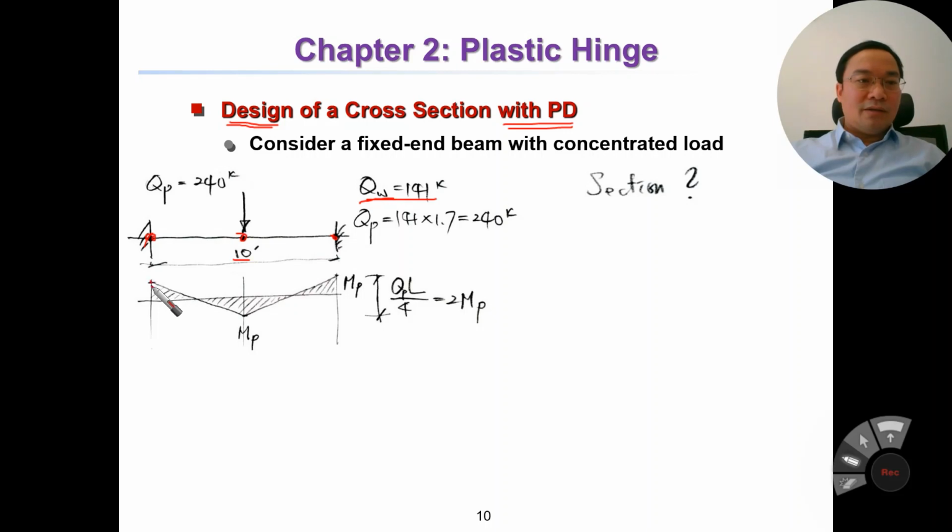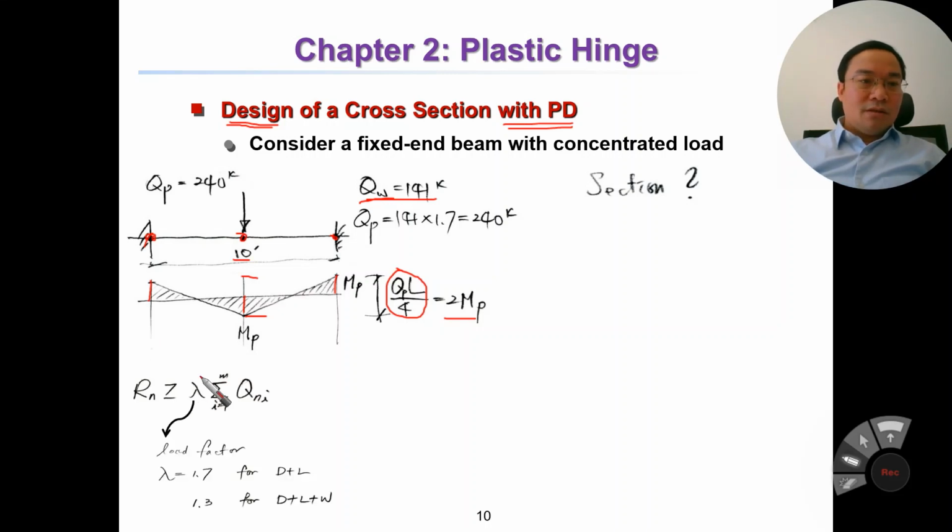So here MP, MP, and MP. Then the total is 2 MP, and you know that the total from here to here is QPL over 4. And in plastic design, we use this equation.